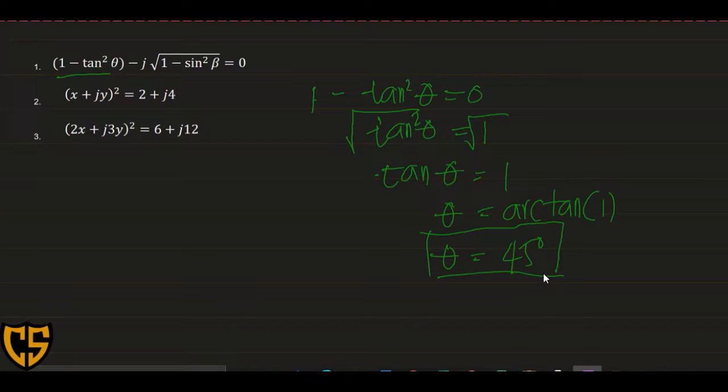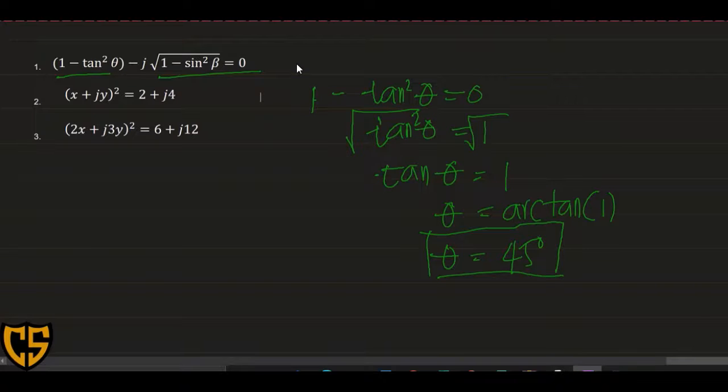So now we are going to solve for the value of beta using our imaginary part. We have 1 minus sine squared beta. So we are going to erase this one.